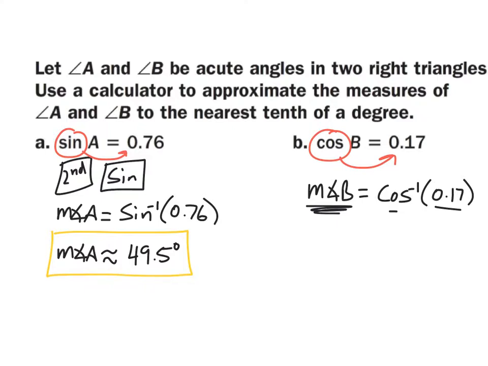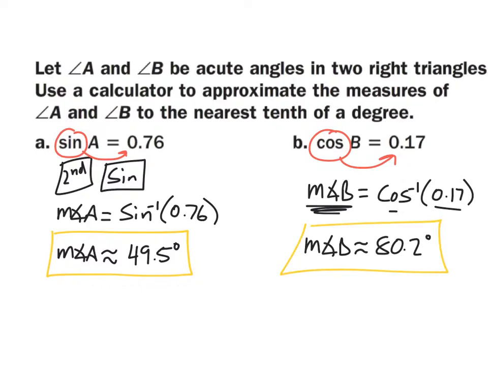So we are taking the inverse cosine of 0.17, and that gives us the measure of angle B equals 80.2 degrees. Technically that should be an approximate symbol, not an equal symbol, because we did round. So there's a little calculator work.